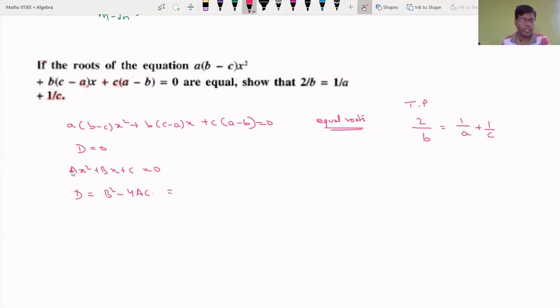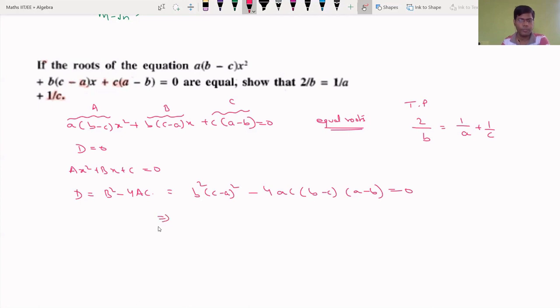In this case, this is my a, this is my b, and this is my c. So my b square will be (bc minus a) square minus 4ac, a multiplied with c, into (ab minus c)(a minus b)... so this will be ac(b minus c)(a minus b) is equal to 0.